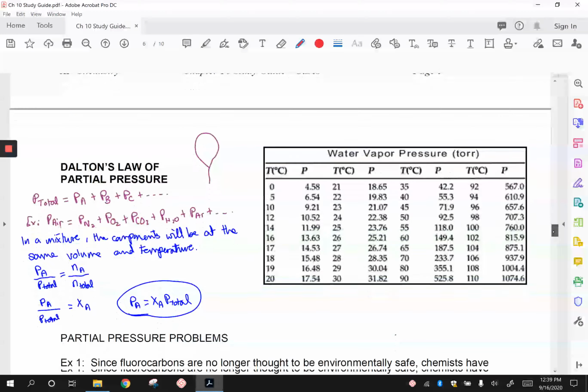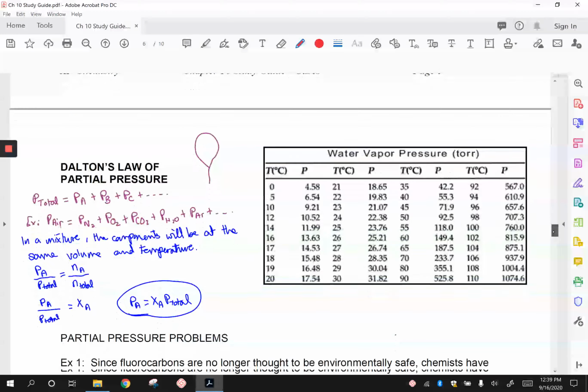So that means I need the total pressure, total volume, total moles is what I'm getting, and total temperature, which is the same thing as just temperature. Total pressure is given to us. It's 745 millimeters of mercury. The total volume is half a liter. And we're going to get n total. R obviously is going to be the same.